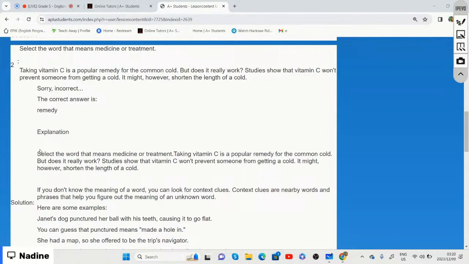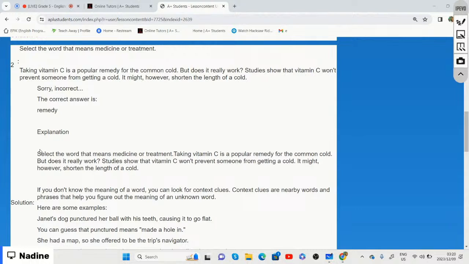And the context is: taking vitamin C is a popular remedy for the common cold.